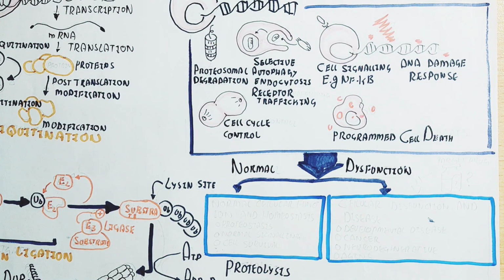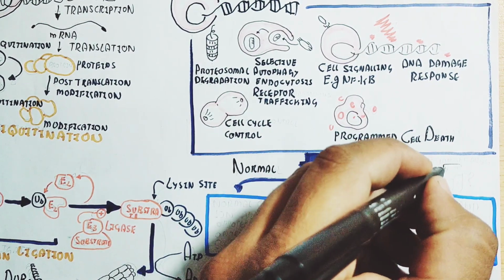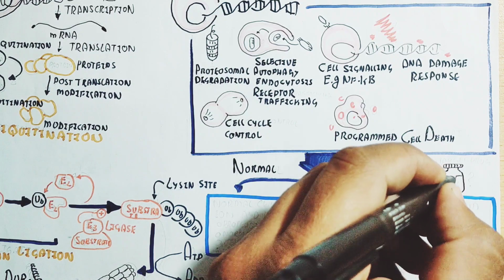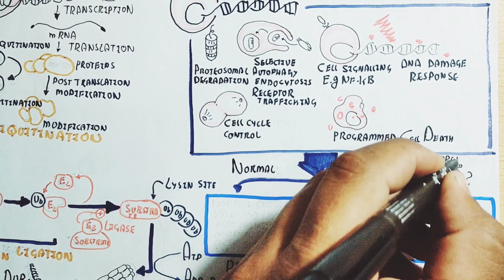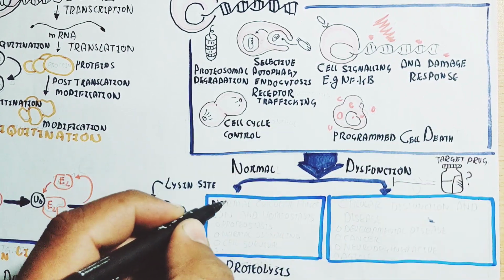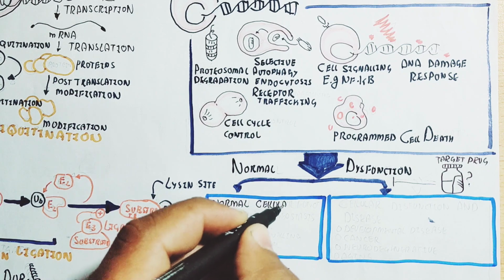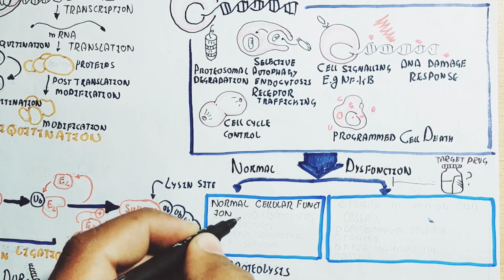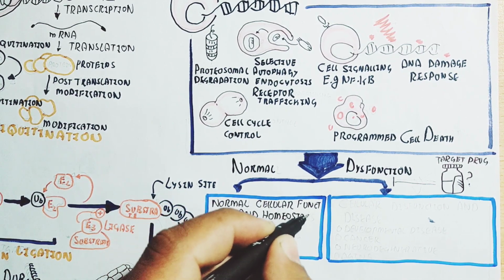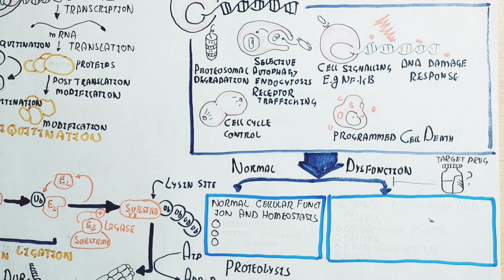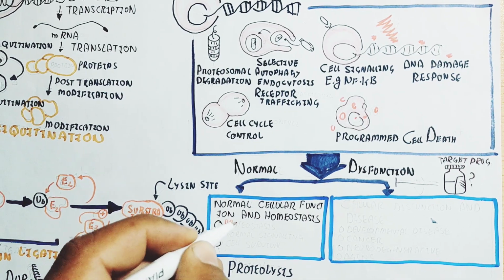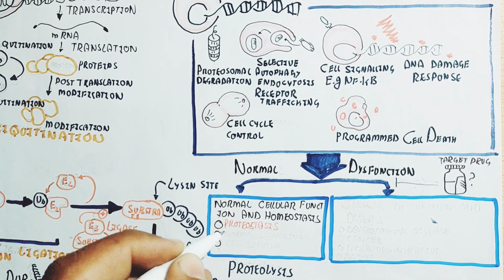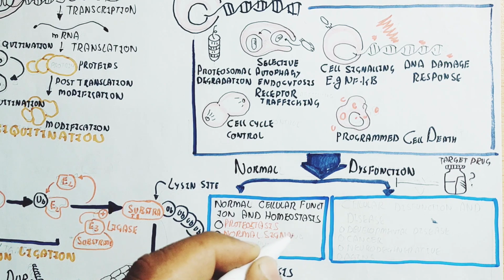First of all, we will understand the normal case: normal cellular function and homeostasis, the proteostasis. Proteostasis means the maintenance of proteins in our body, where bad and dysfunctional proteins are removed, supporting normal signaling and cell survival.